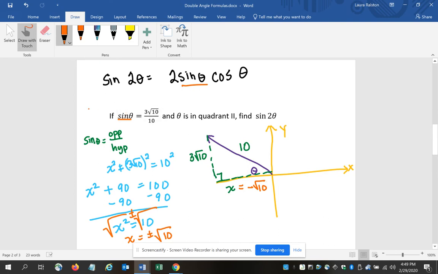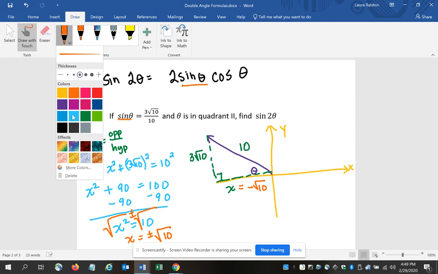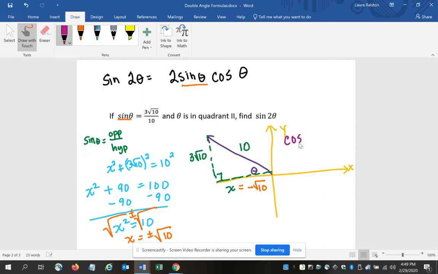And so now that I've found all of the pieces of my triangle, I can determine that the cosine of theta, which is the adjacent over the hypotenuse, is negative square root 10 over 10. So now I have the cosine of theta, which is what I need for the formula.